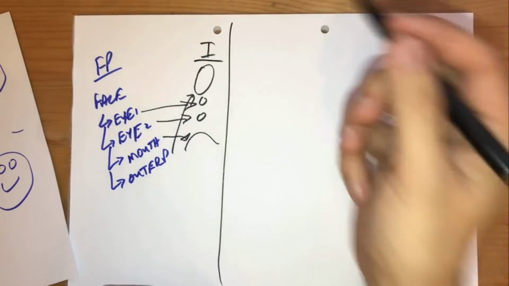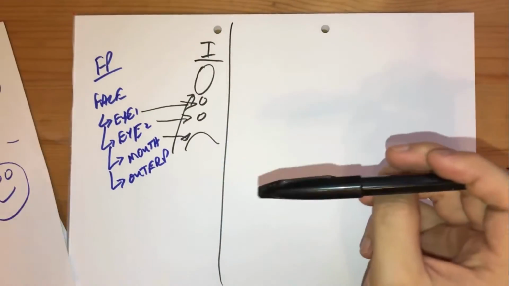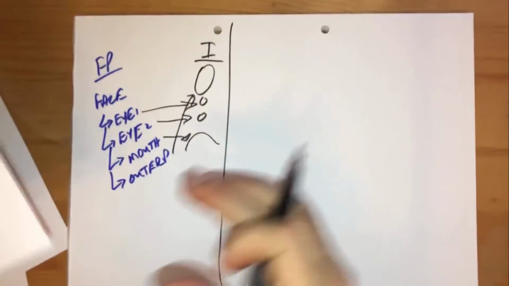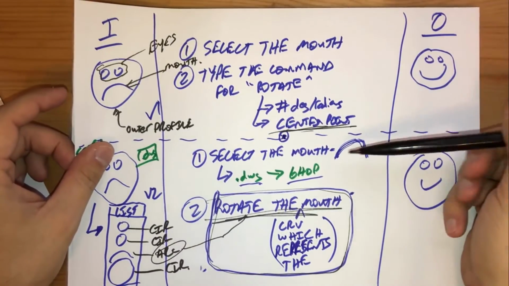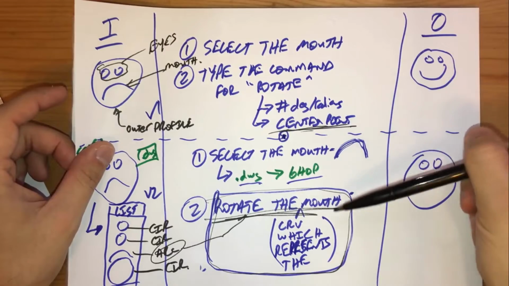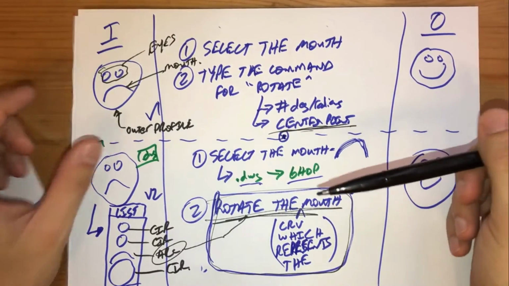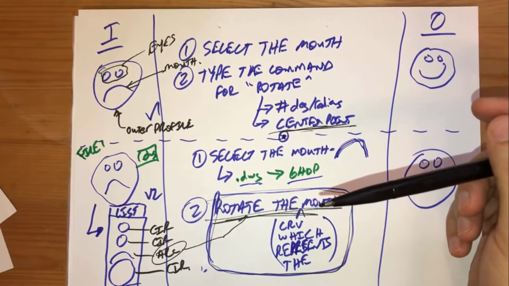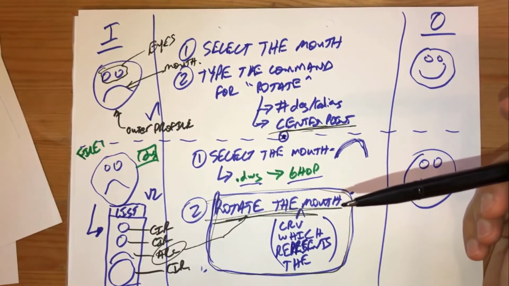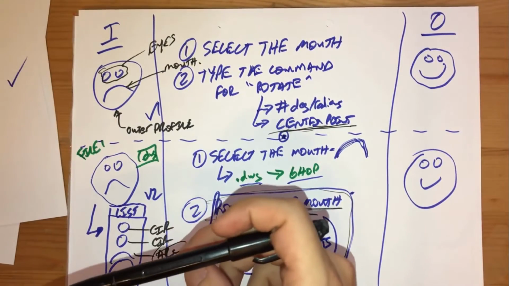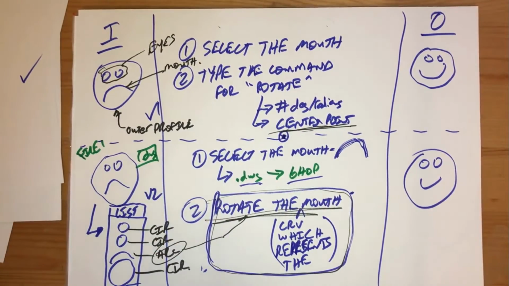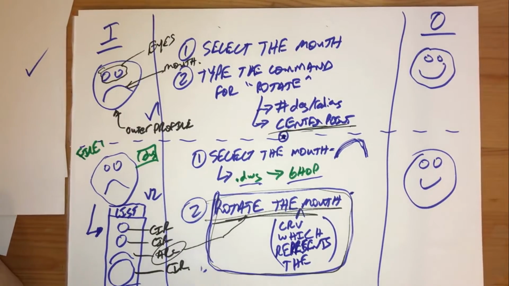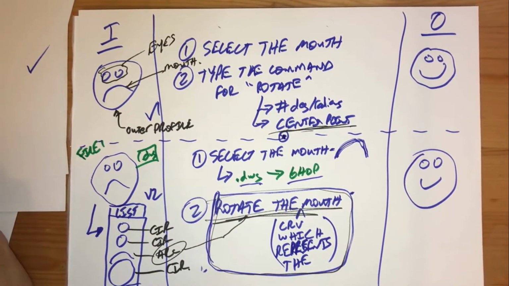So there was a list of information provided for us, and we had determined that the main 2 steps were select the mouth and then rotate the mouth. And we went down a whole series of rabbit holes to determine the best move to effectively rotate that mouth.